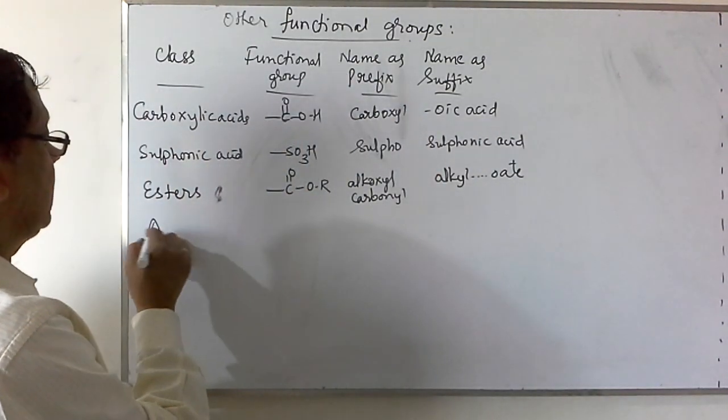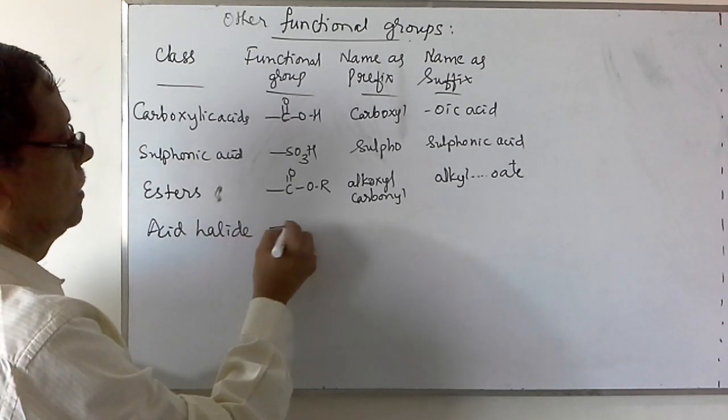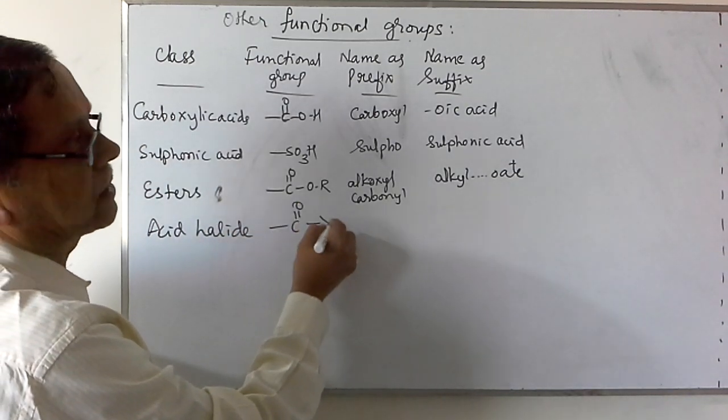Then we have these acid halides. Acid halides, C double bond OX.